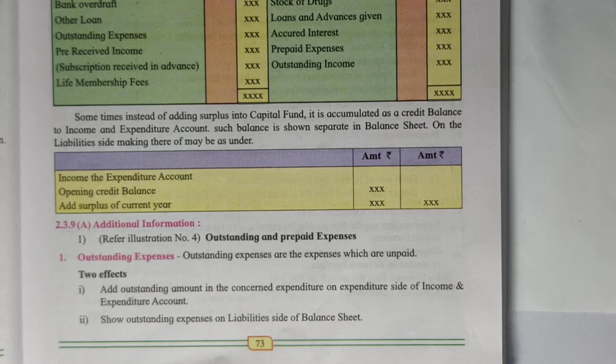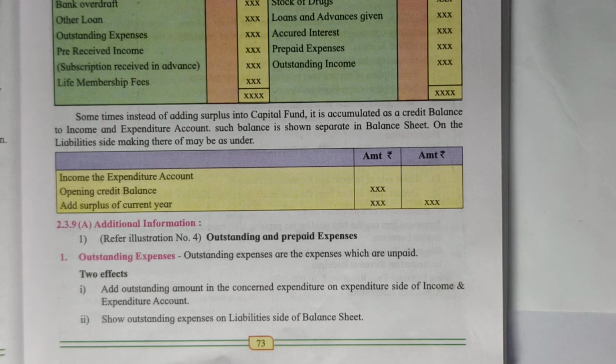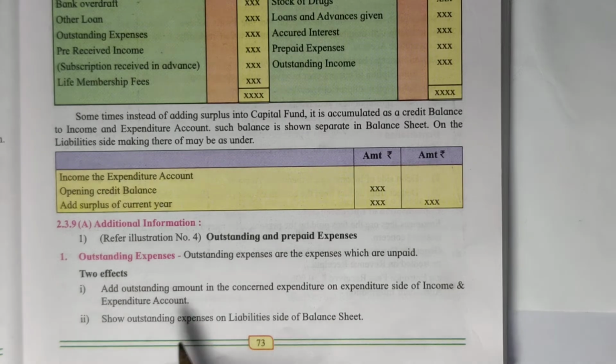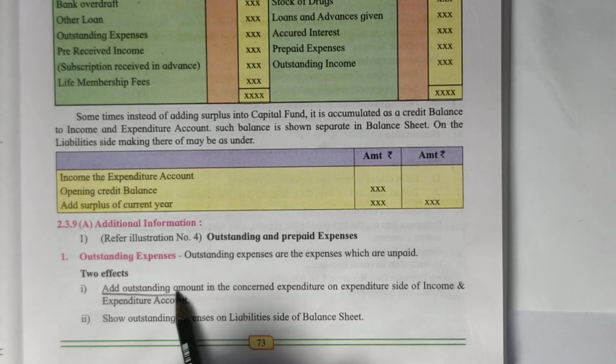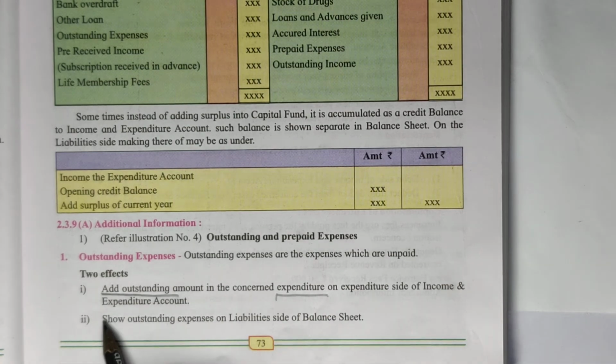For example, outstanding salary, add to salary, and in the balance sheet liability side you have to record outstanding salary. If it is outstanding rent, first effect add to rent, second effect balance sheet liability side outstanding rent.